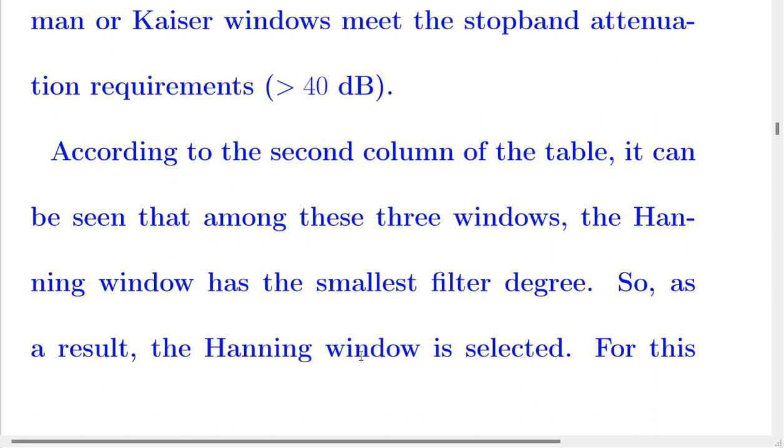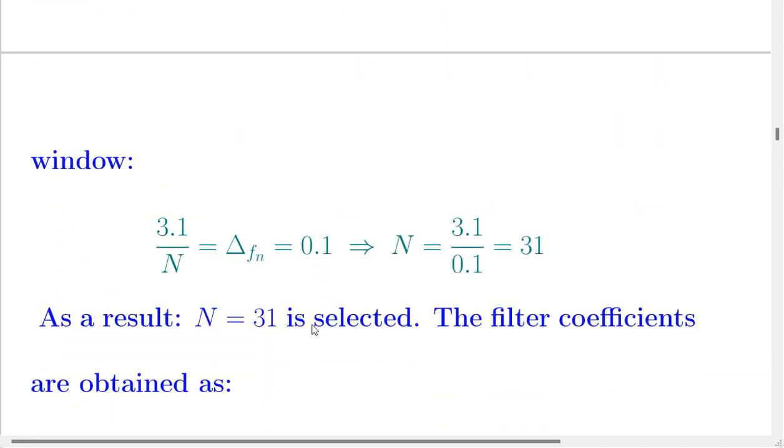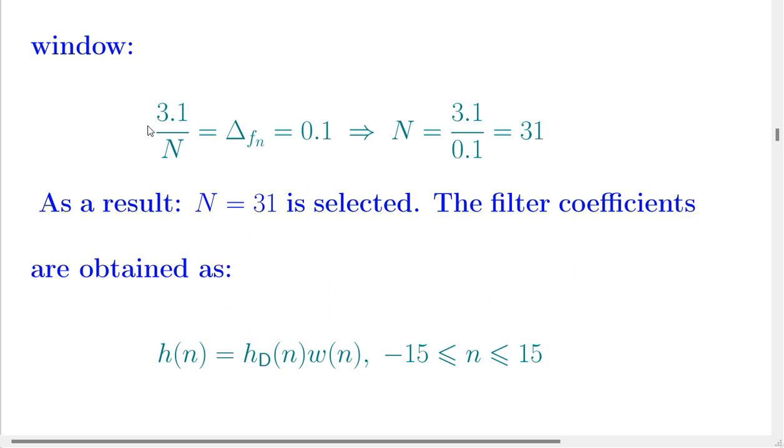So, as a result, the Hanning window is selected. For this window, we will have 3.1 over N is equal to delta Fn, which is equal to 0.1. So we will find the degree of the filter being equal to 31. As a result, N equal to 31 is selected.